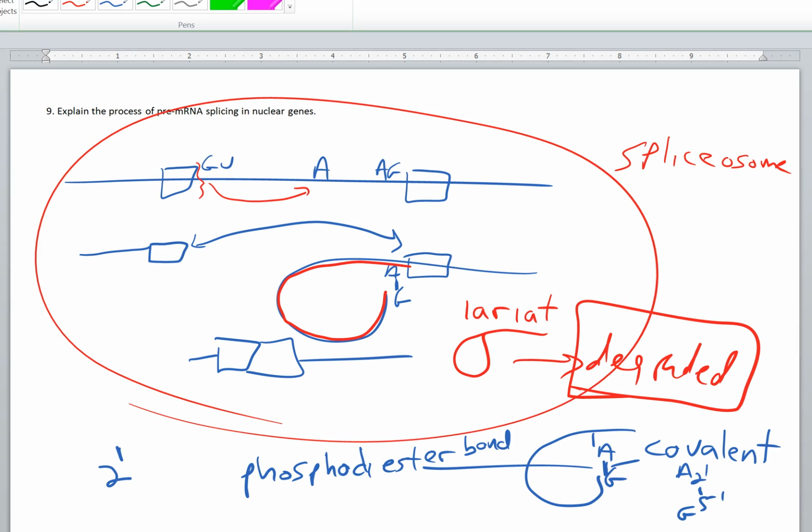So if you think about RNA structure, it has this OH. Now we're used to seeing a 3' OH. That 3' OH can form your normal phosphodiester bond, but now we're forming a phosphodiester bond using our 2' OH. So it's a 2',5' phosphodiester bond. It's very specific for that particular reaction.